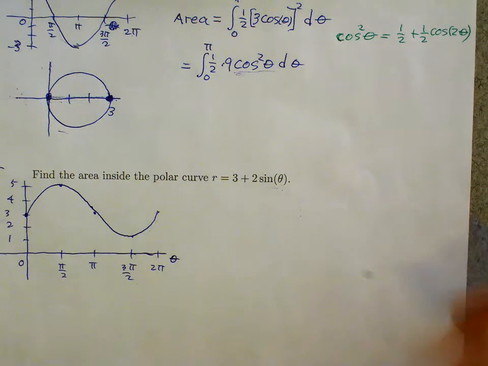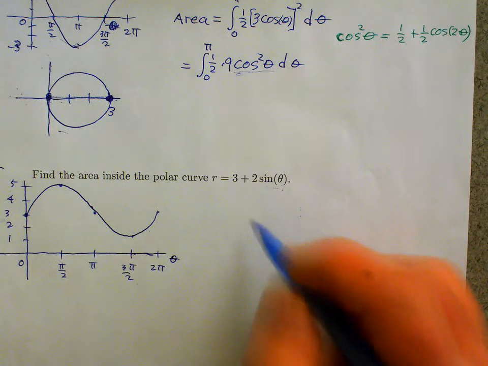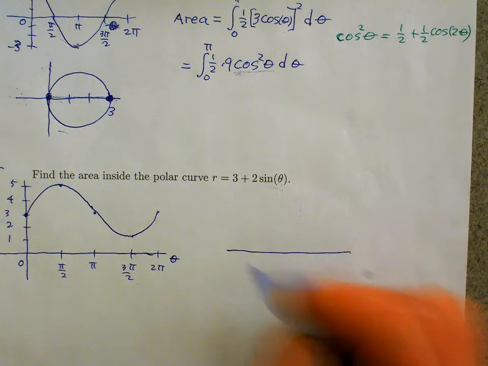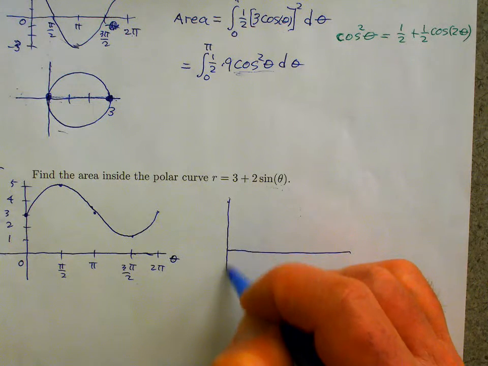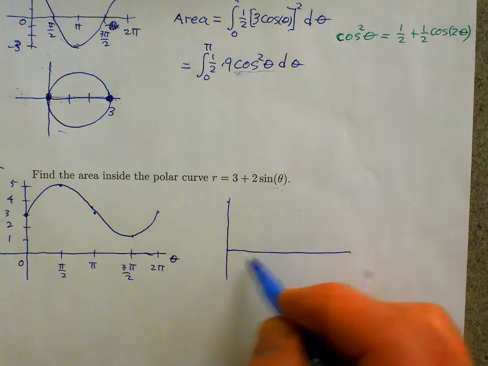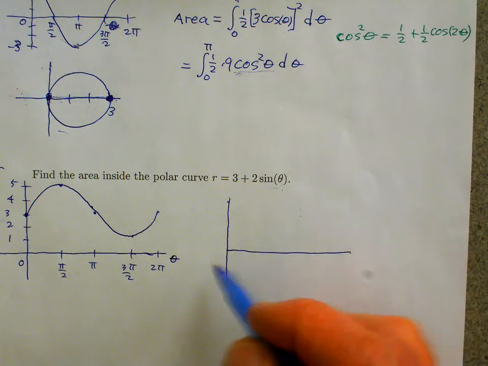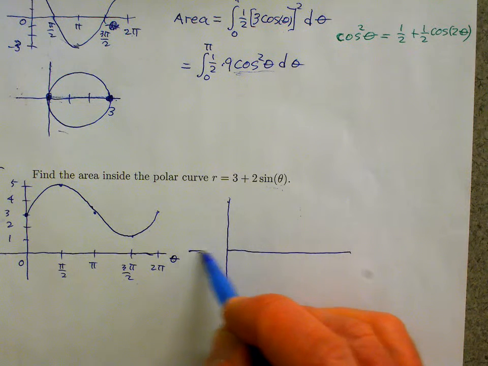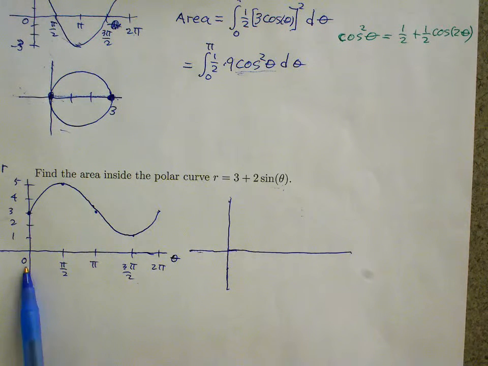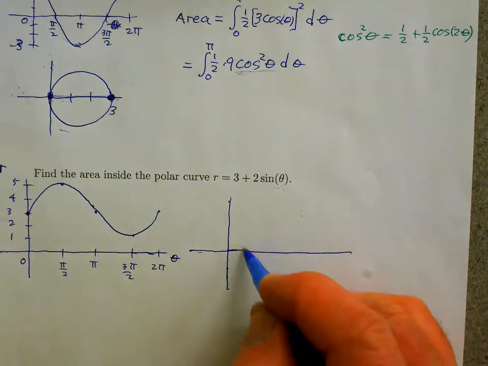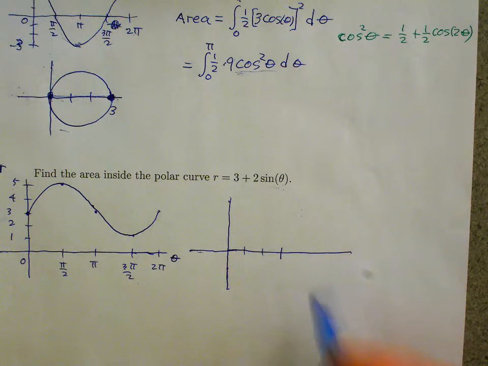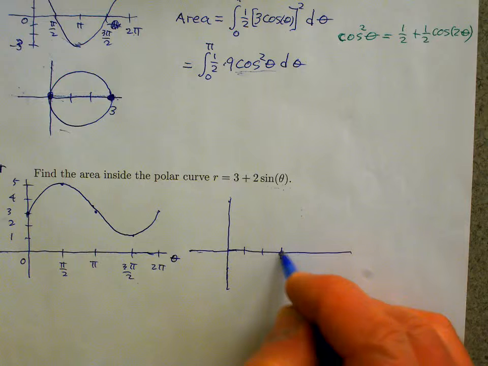And then the polar curve, what's it going to look like? Okay, so when theta is 0, the r value is 3.